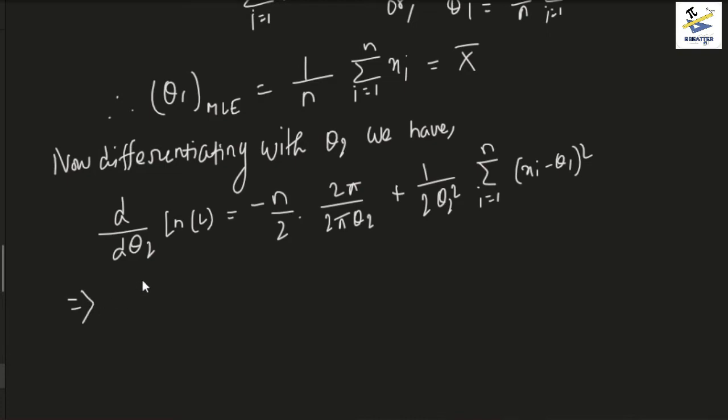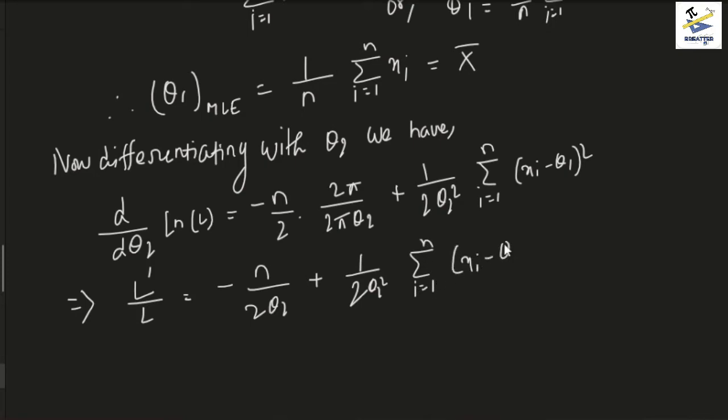And therefore L prime by L is minus n by 2 theta 2 plus 1 by 2 theta 2 squared, summation i equals 1 to n of (xi minus theta 1) squared.